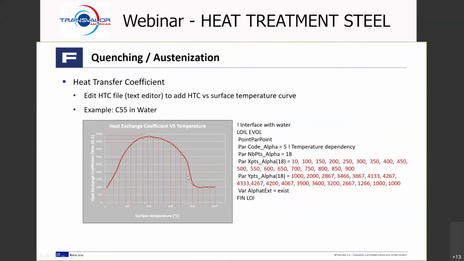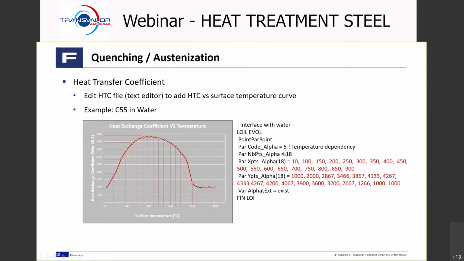First, this is an example for HTC versus surface temperature curve. Here, what we have to do is edit the HTC file that we have in our simulation folder with a text editor. There, we can add a point per point load.